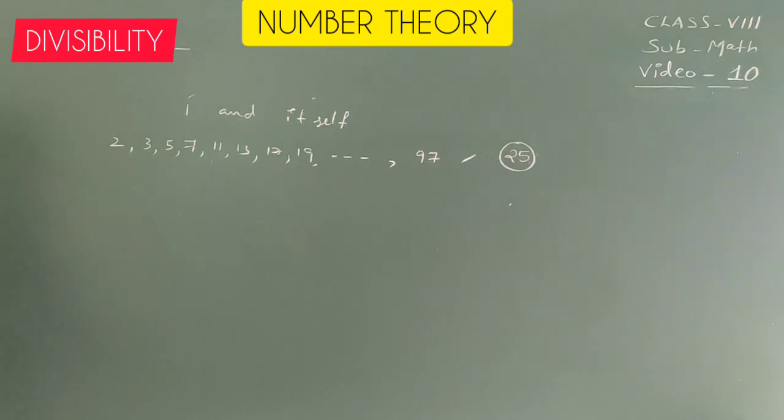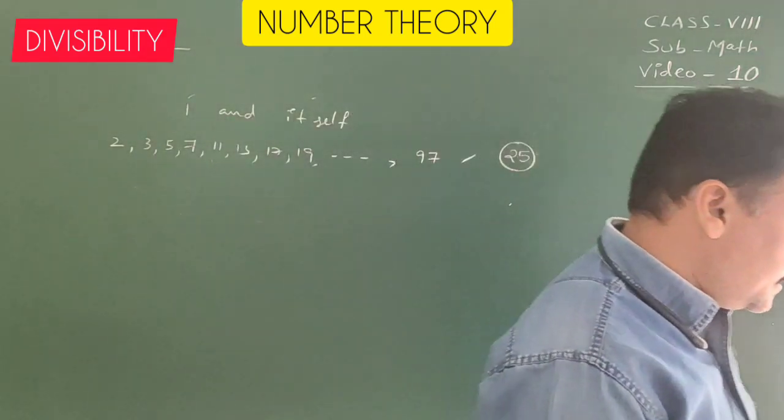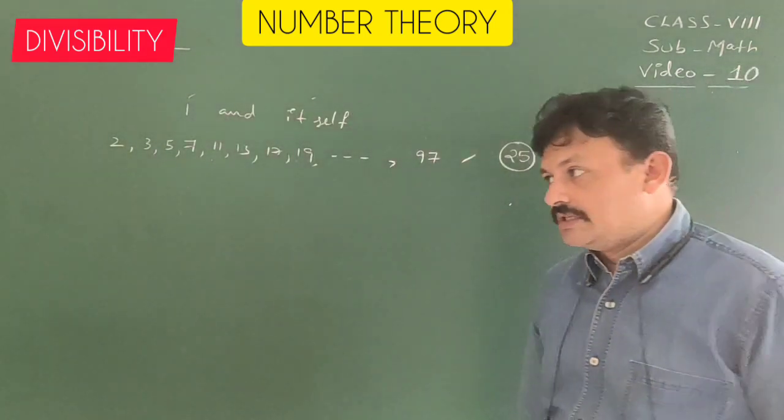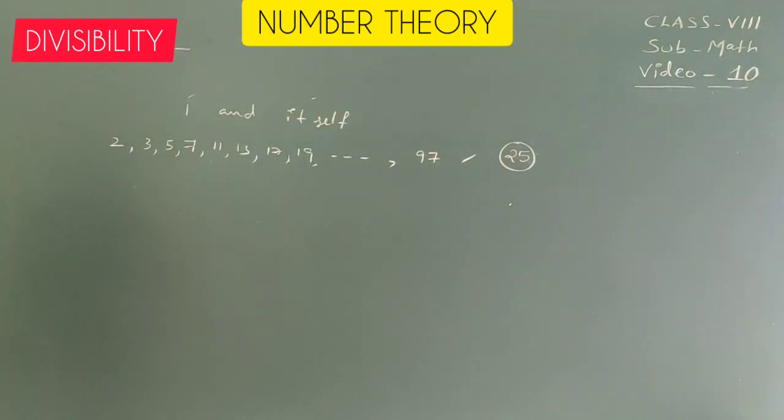Here we have 2 definitions for composite numbers. One is that numbers with at least 3 factors are called composite numbers. The other is that the numbers other than primes and 1 are called composite numbers. Okay, 1 is neither prime nor composite.